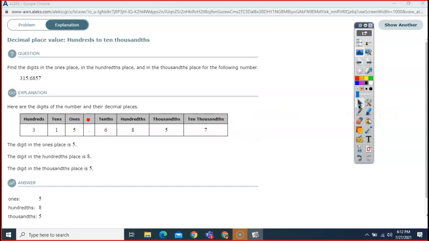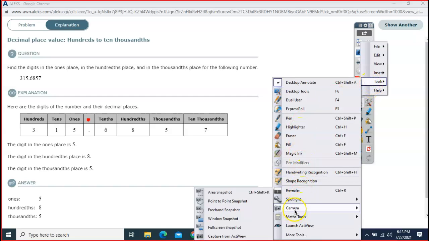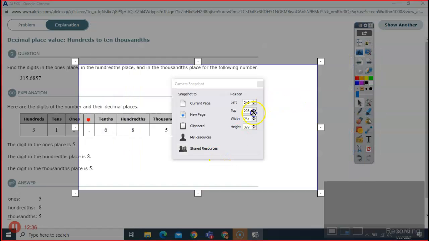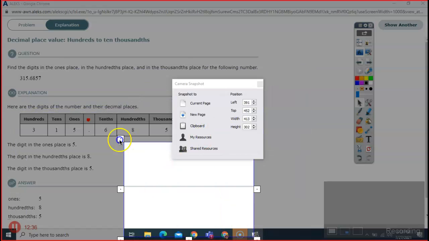So if we had this, let me copy this down. Let's see if I can. Let's go tool. Let me use my camera. See if it's gonna let me use it. Camera area. And I want to copy just that little grid. Oops.